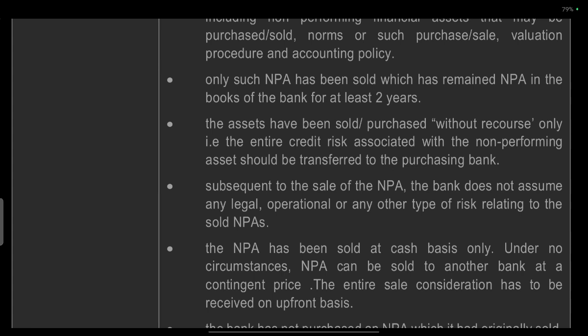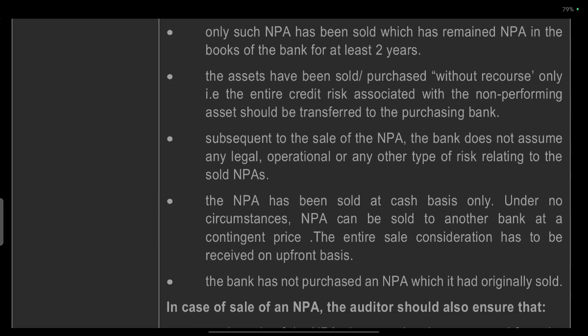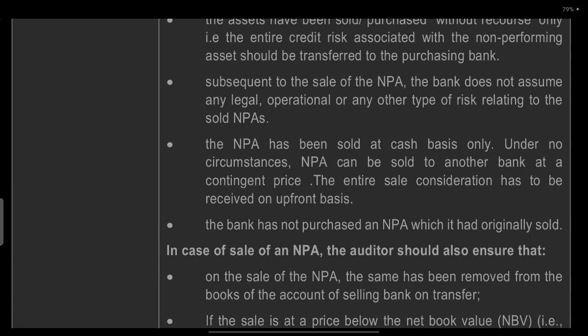Only such NPA can be sold which has remained NPA in the books for at least 2 years. NPA are sold and purchased without recourse, so that the entire credit risk associated with the non-performing asset is transferred to the purchasing bank. Subsequent to the sale of NPA, the bank does not assume any legal, obligatory, or any type of risk regarding the sold NPA.